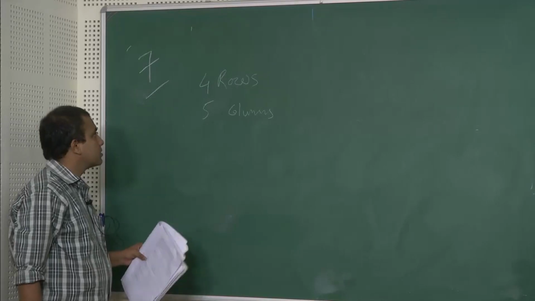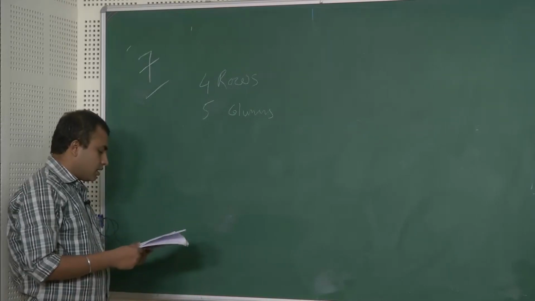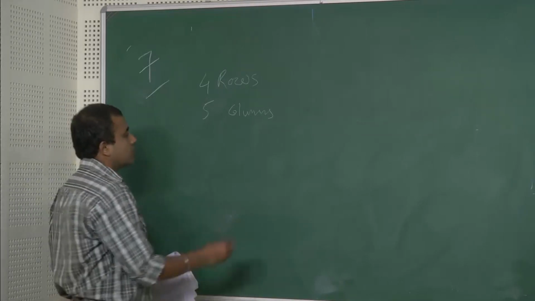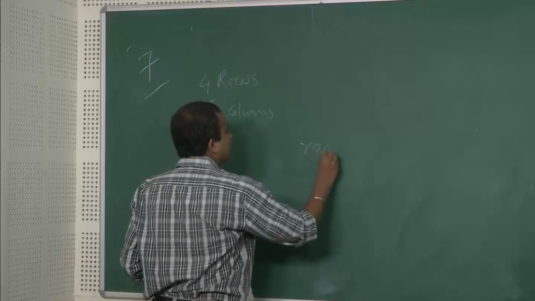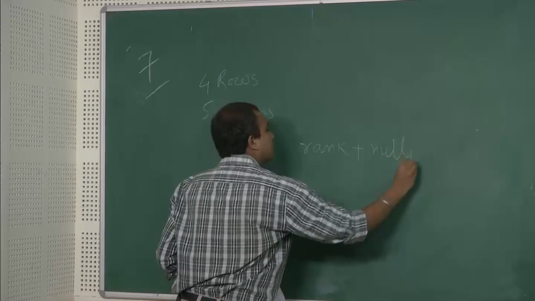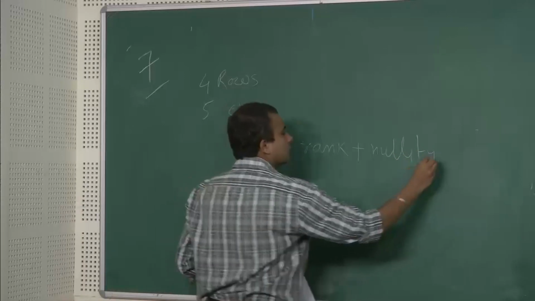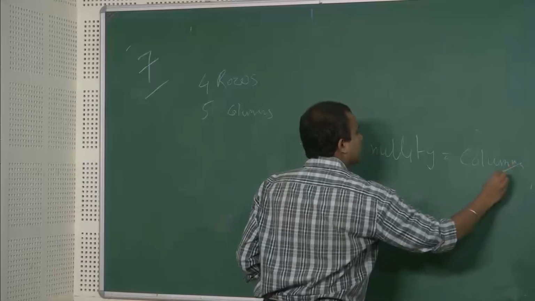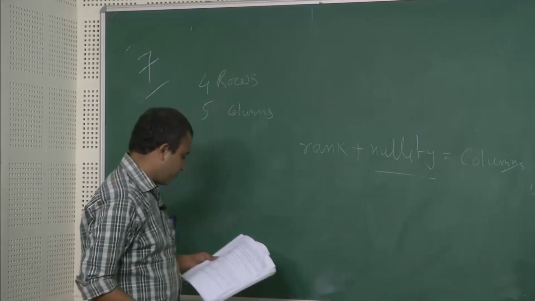Here we are doing row operations. So, the number of linearly independent rows will be the rank, and because we know that rank plus nullity equals the number of columns, you can get the nullity also.